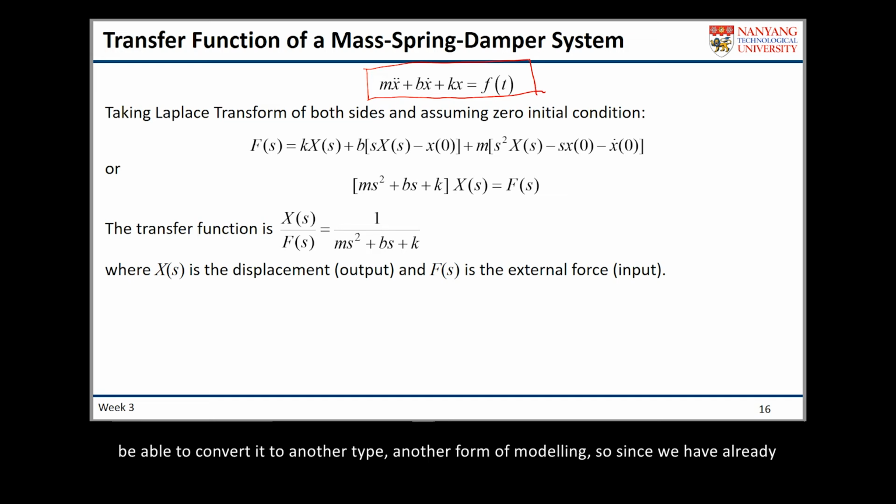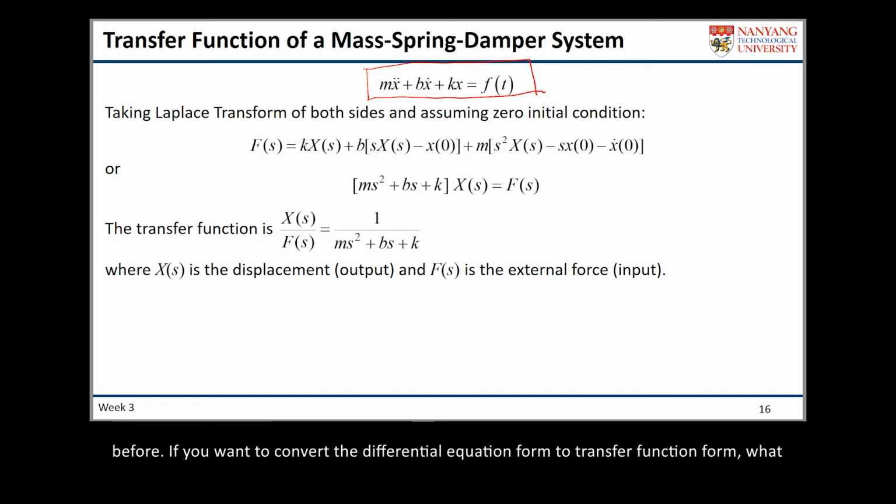So since we have already derived the model in the form of a differential equation, you should be able to convert it to another form. Let's try to convert this mass spring damper model, which we have in differential equation form, to transfer function form. We discussed that before.